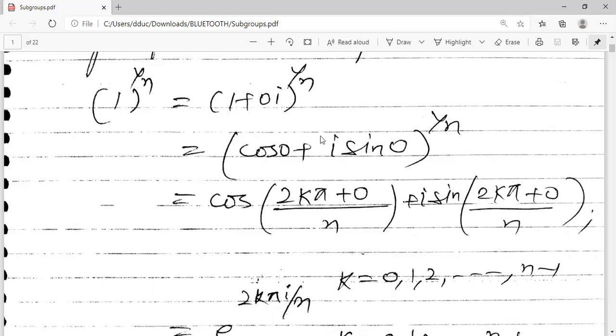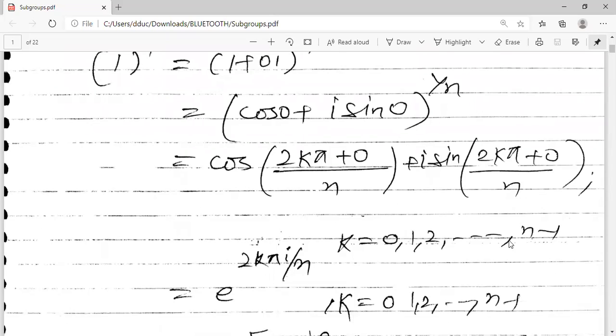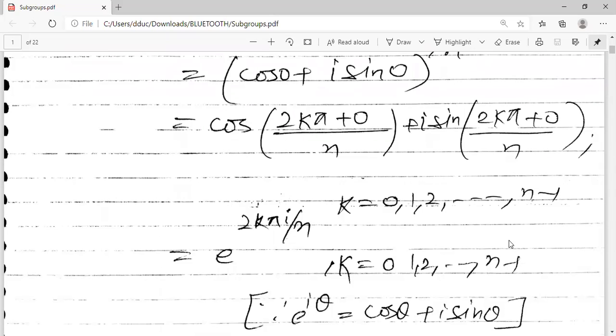So the 1 upon n comes here: cos (2k pi plus 0) upon n plus iota sine (2k pi plus 0) upon n, by De Moivre's theorem. Here the value of k is from 0 to n minus 1. So this whole thing is equal to e to the power 2k pi i upon n, because of this rule.